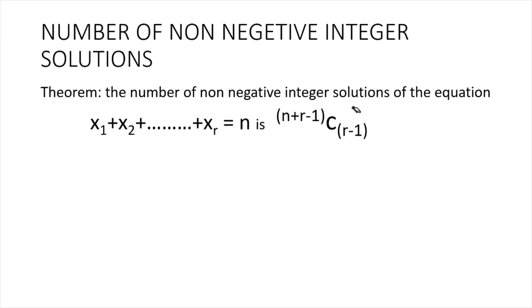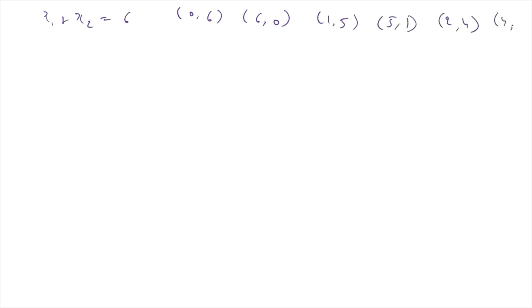Let us try to understand the statement using an example. Suppose you have this equation x1 plus x2 is equal to 6. I want to find the number of non-negative integer solutions. So let me write them down. 0, 6 is one solution and 6, 0 is the other. 1, 5 and 5, 1. 2, 4 and 4, 2.